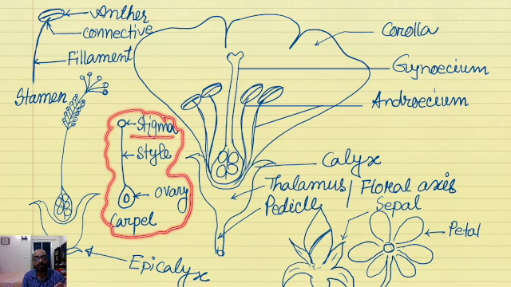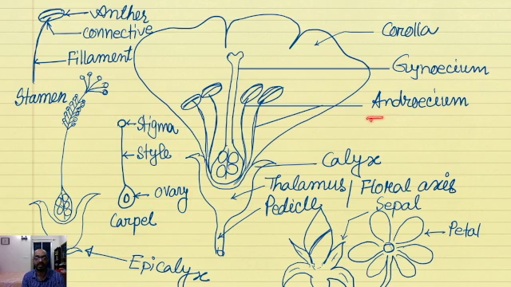Stigma is the first part of the carpel, style is the second part, and ovary is the last part of the carpel. United carpels form the gynoecium. So gynoecium and carpel are interrelated with each other.